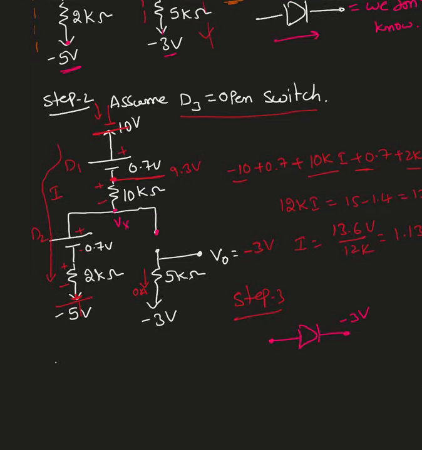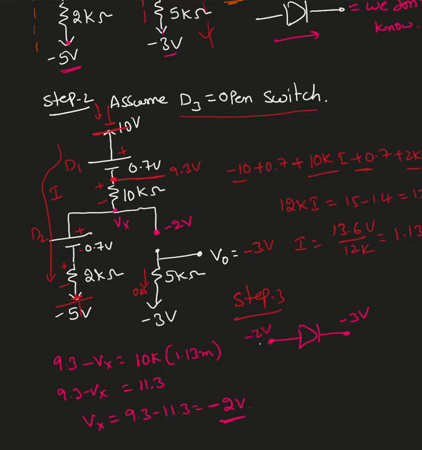So 9.3 minus Vx equals 10 kilo ohms times 1.13 milliampere. When I find the Vx value, I end up with Vx equal to negative 2 volts. The voltage at this point is minus 2 volt.